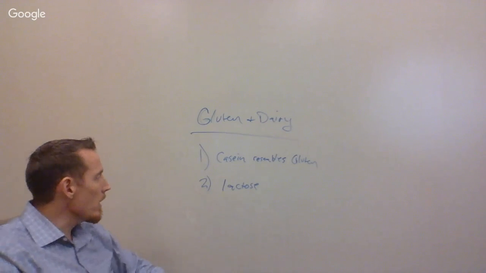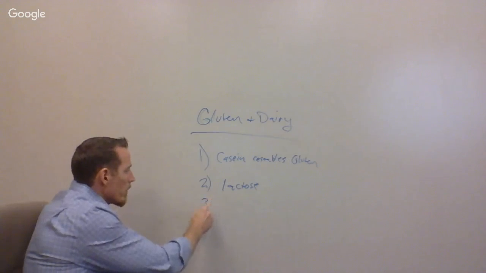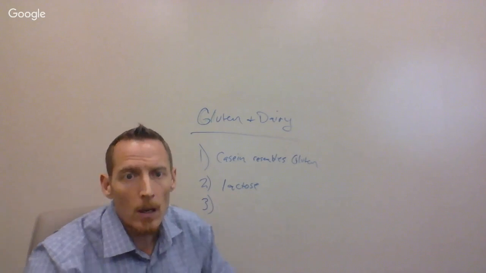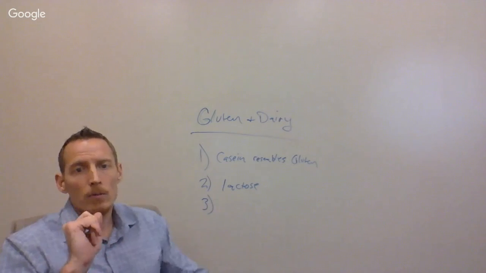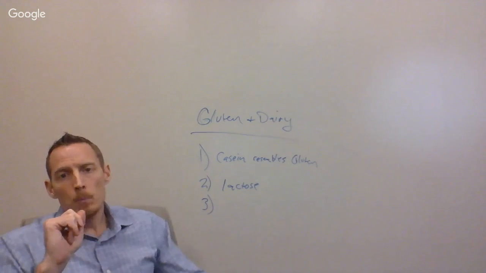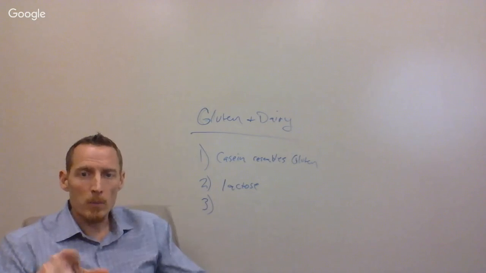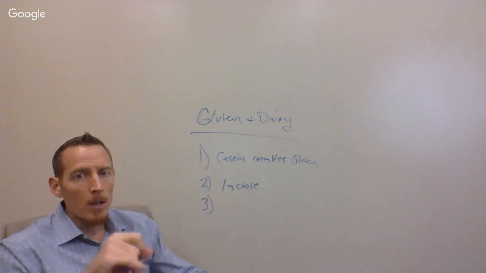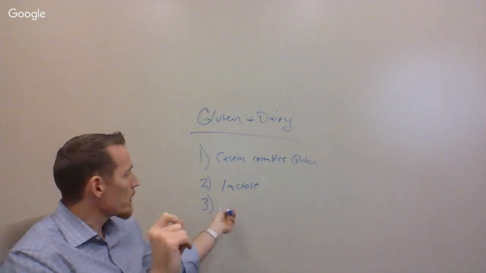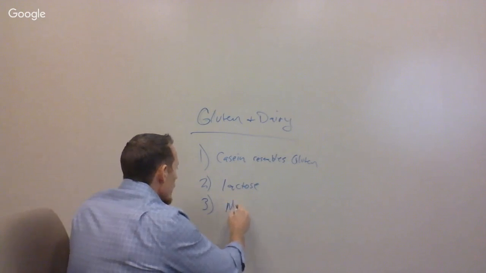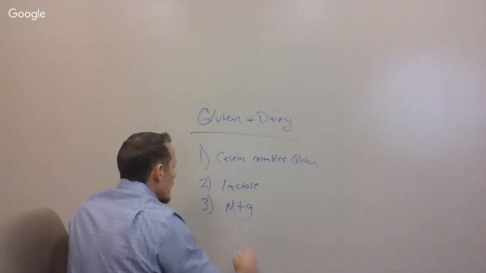But there's another, in my opinion the most detrimental piece on why you should avoid dairy, and probably the one that has very rarely been discussed in public. I spent a lot of time discussing this in my book. There's an enzyme used called microbial transglutaminase, or MTG.